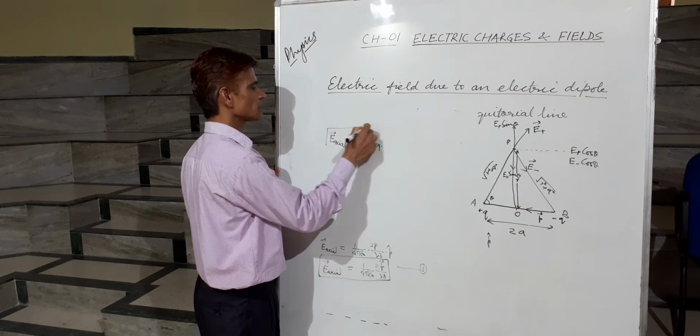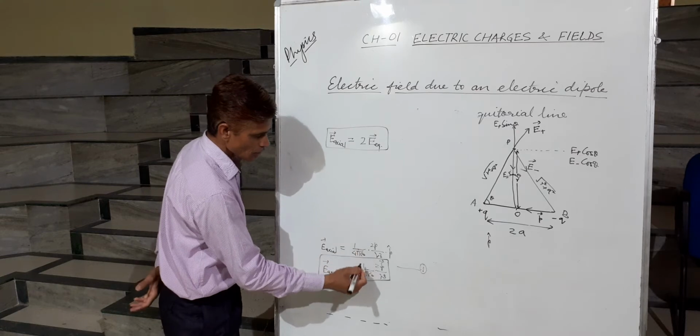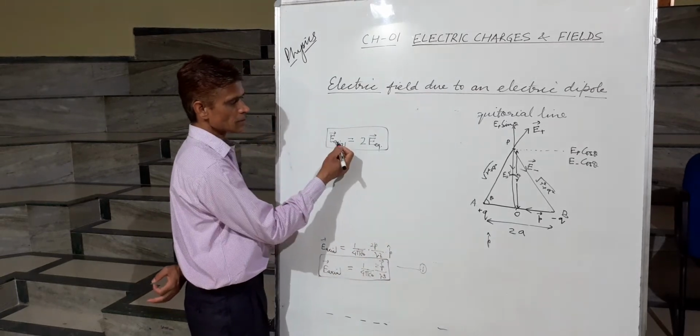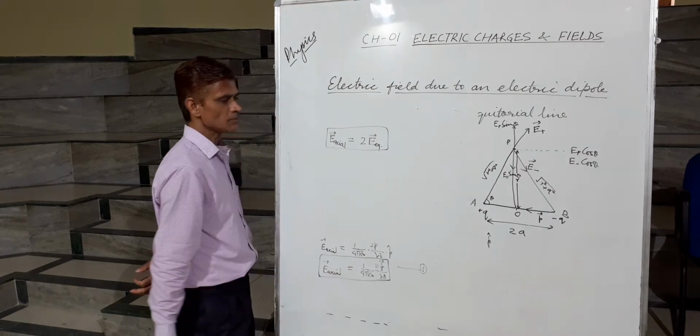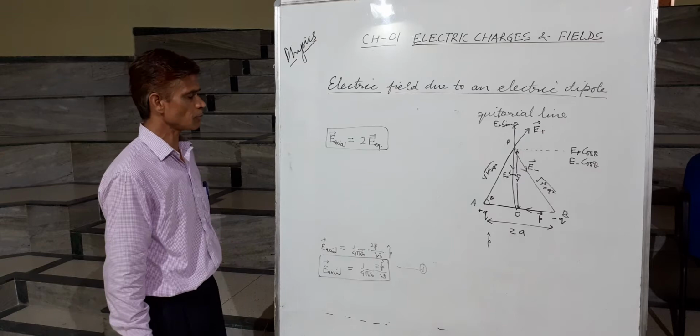If we compare the two electric fields, we find that 2 times the equatorial field is equal to the axial field. So this was all about the electric field due to an electric dipole.